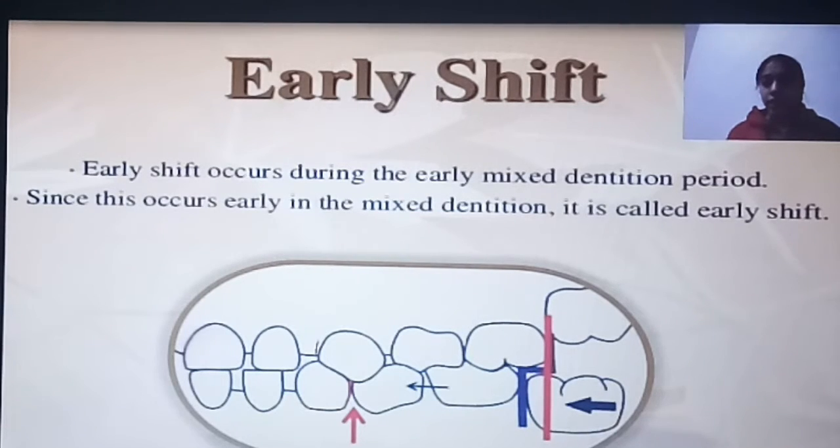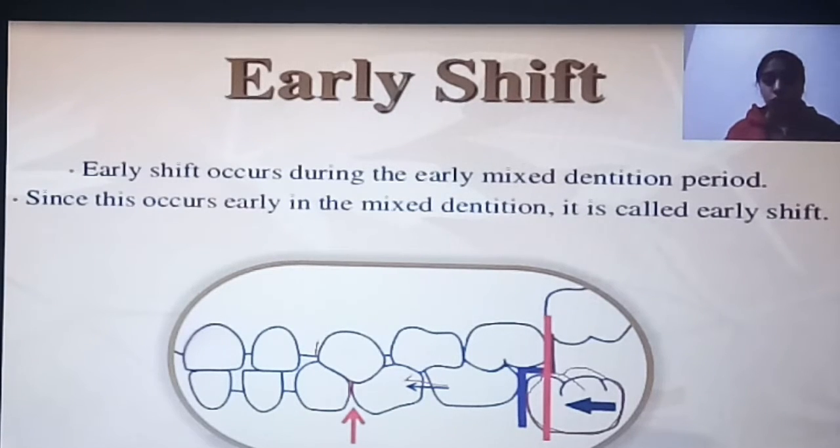Whenever there is the eruption of the permanent first molar, due to the eruptive force, this permanent first molar has a mesial gradient of force. So it pushes both the molars forwards and this results in space closure. This is known as early shift. So we can say that this primate space helps in the eruption of the first permanent molar.